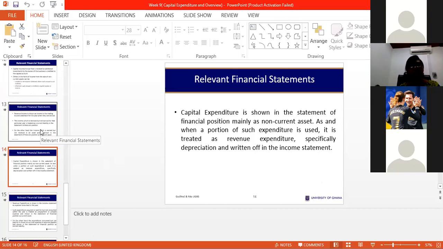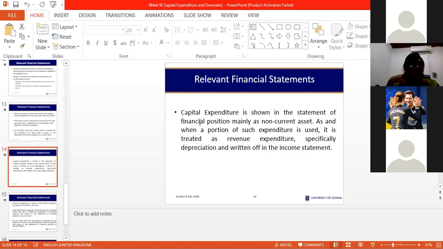So that is with income in the financials. What about capital items? Now for capital expenditure, it is shown in the statement of financial position as a non-current asset. So for instance, the business bought a motor vehicle on credit.